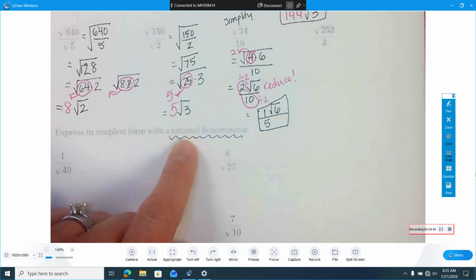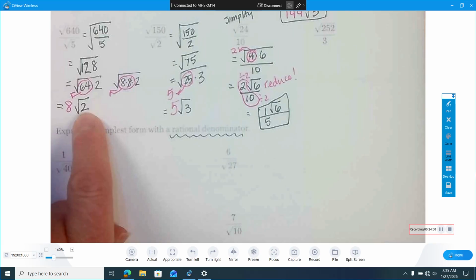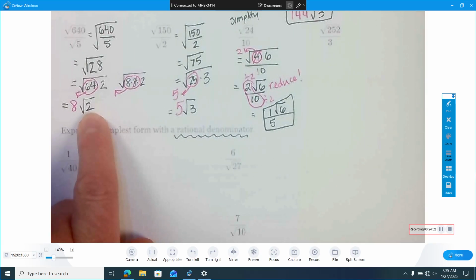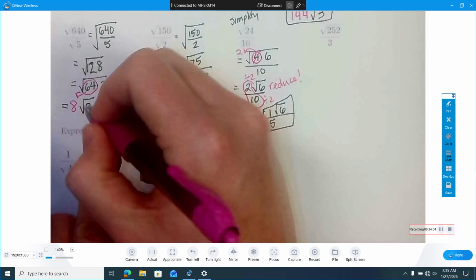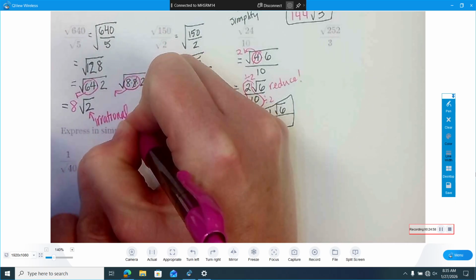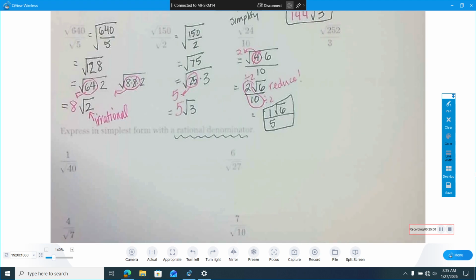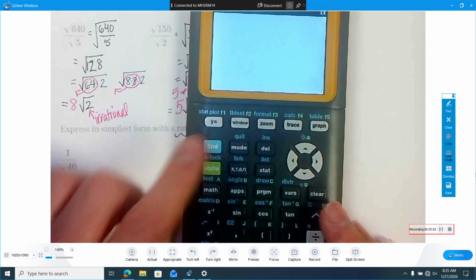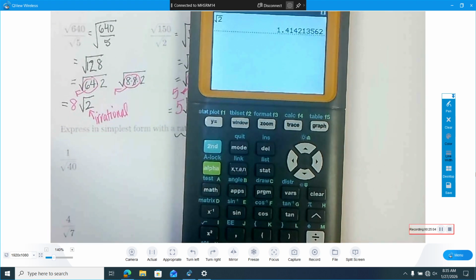Rational denominator. Radical 2, the square root of 2, is an irrational number, okay? And it is an irrational number because when you put it in your calculator, you get a crazy irrational number. This decimal goes on forever.